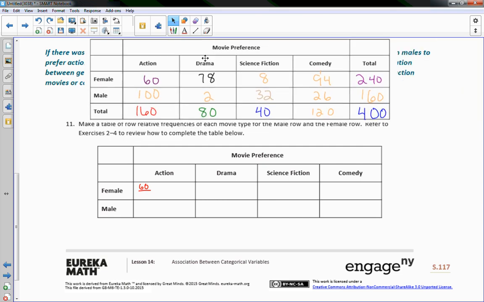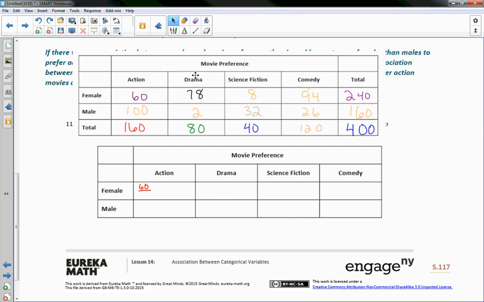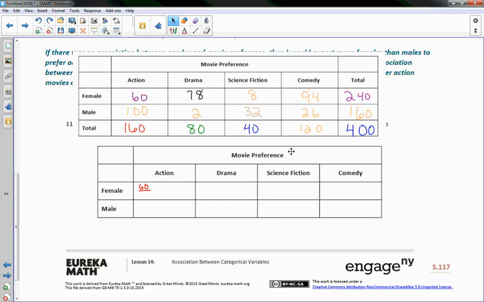Make a table of row relative frequencies. So when it tells you row relative frequencies, we're working this way. So in this row, what's our total? 240. So since it's a row relative frequency, it's going to be 60 over 240, which is 6 over 24, which reduces to 1 over 4, which is 0.25.